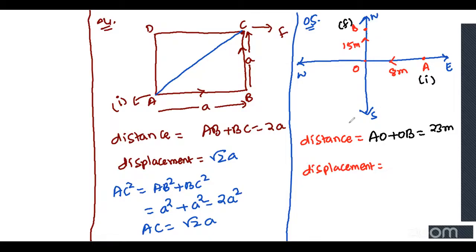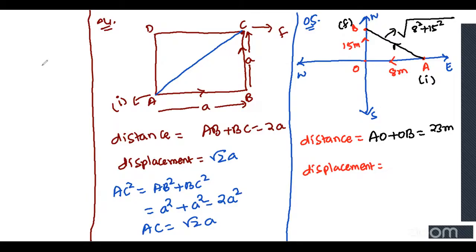So, displacement, which is the displacement? A to B, sir. So, how to find this AB distance? Pythagoras theorem, sir. That is under root 8 square plus 15 square.